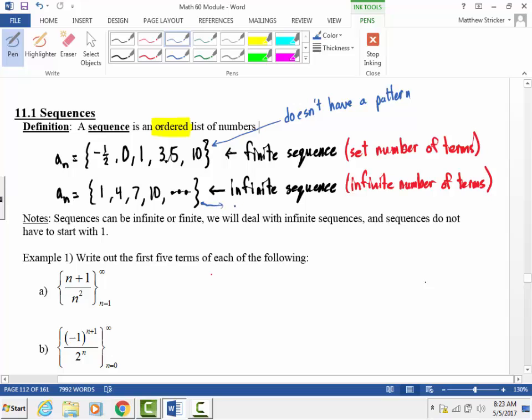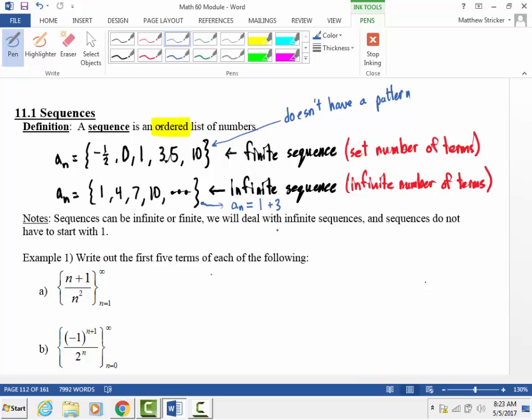For example, how could we define A sub n? Anybody have any ideas? What are we doing each time? Adding 3. So the first term is 1, and then we add 3 to it. What can we multiply by 3 to make it 1 on the first term? 0.